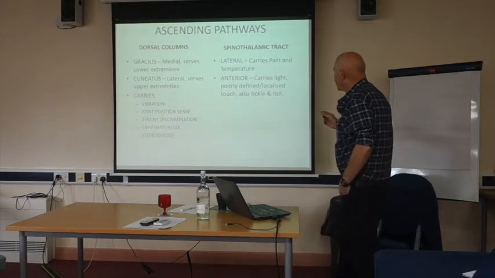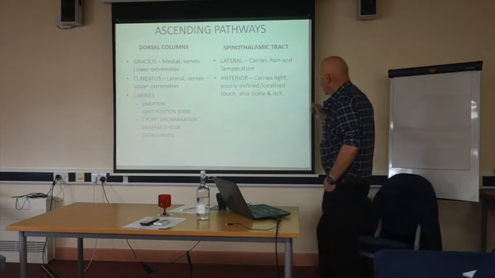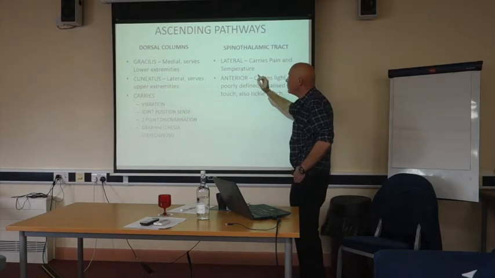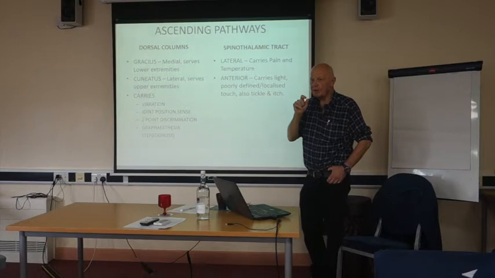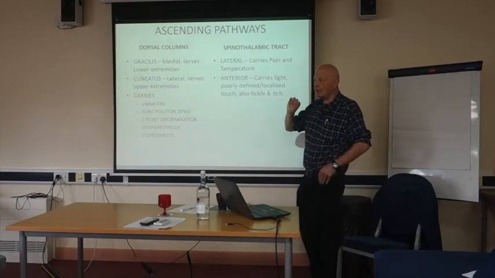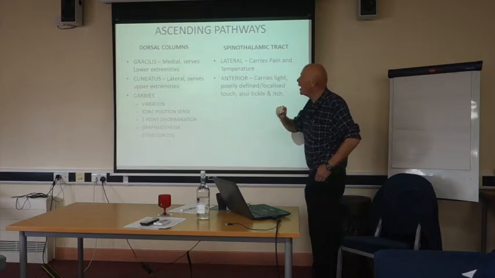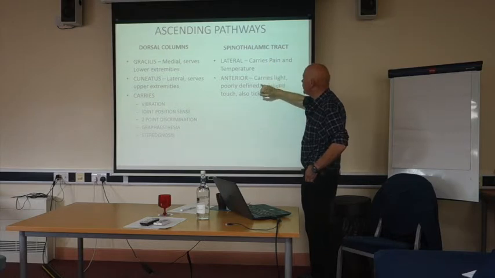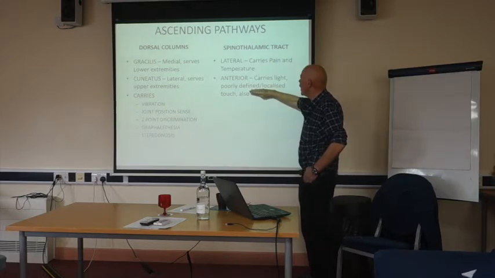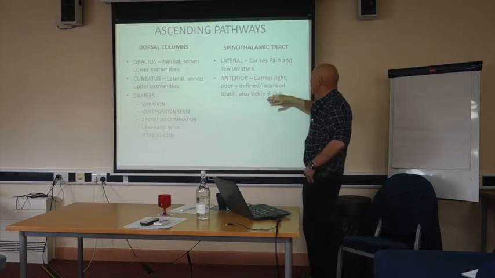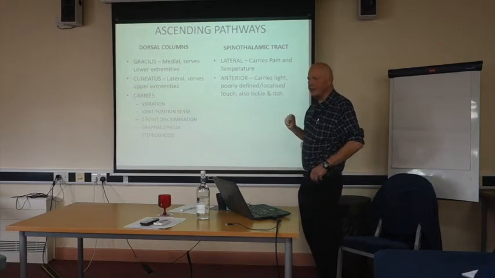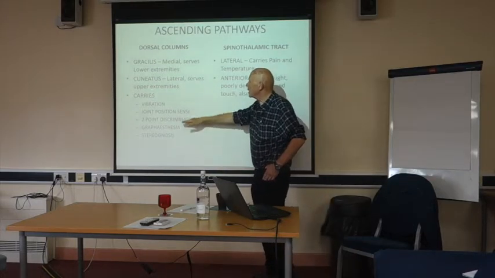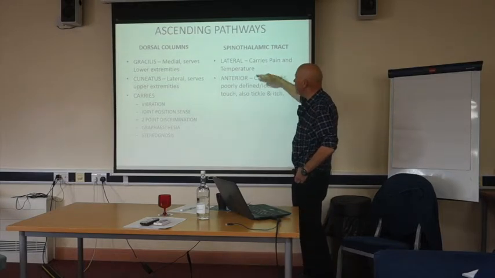With the spinothalamic tract, it carries pain, and by pain we mean pinprick, nociception, that type of thing, and temperature, hot and cold. And the anterior spinothalamic tract carries less well-defined touch and also tickle and itch sensations. So this lot gives you a lot more information than this lot.